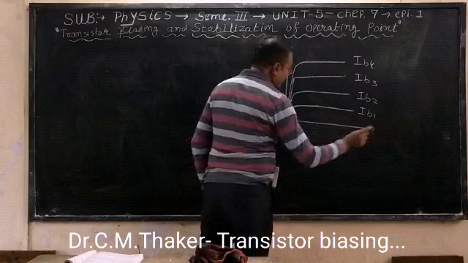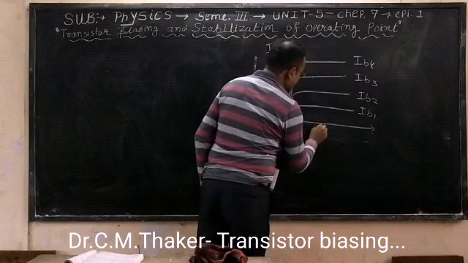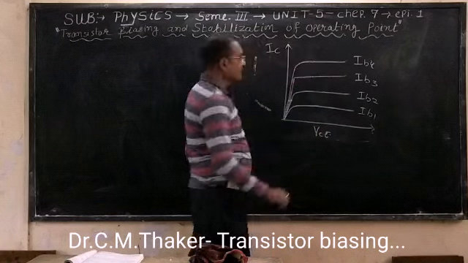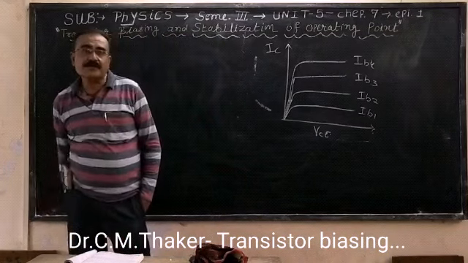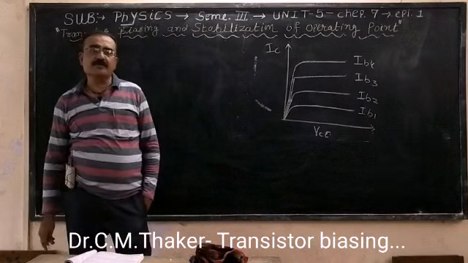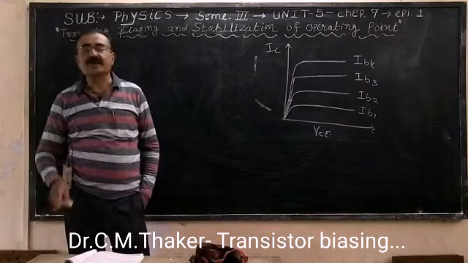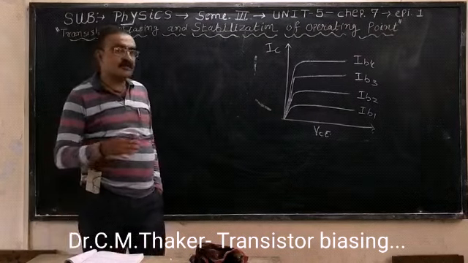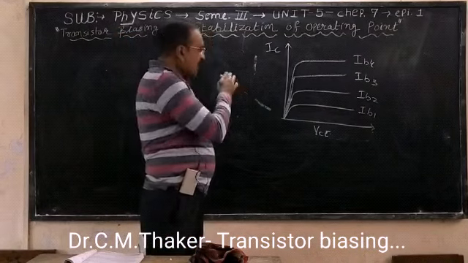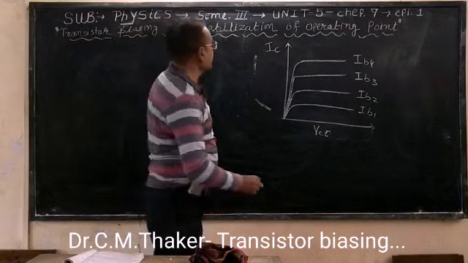The y-axis is IC and the x-axis is VCE. And you all have done the practical of the output characteristic of the transistor in second semester. So now you will go in your mind, here this is the output characteristic.